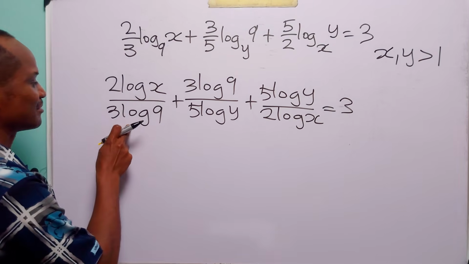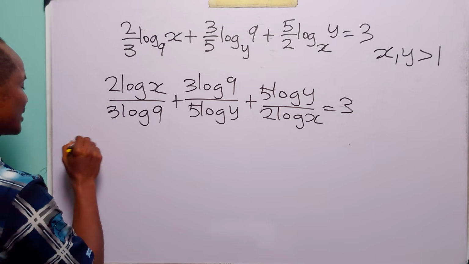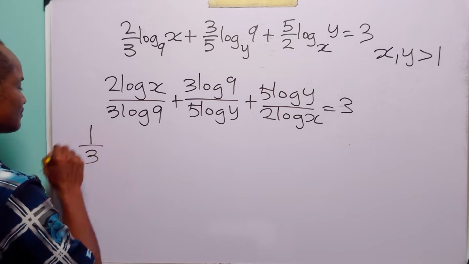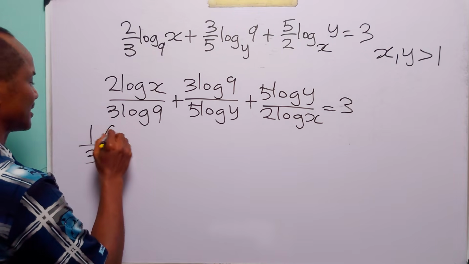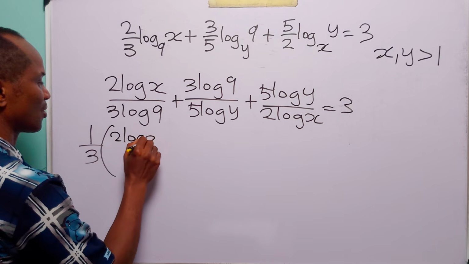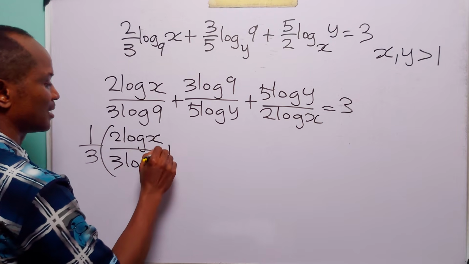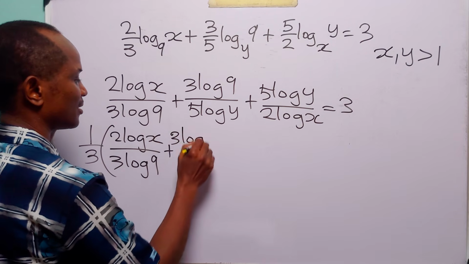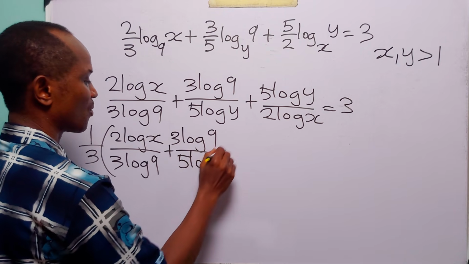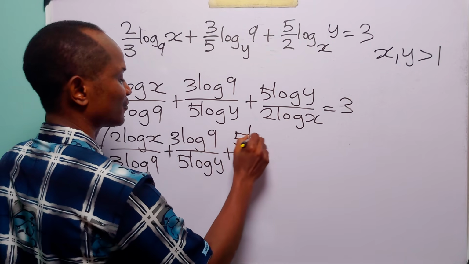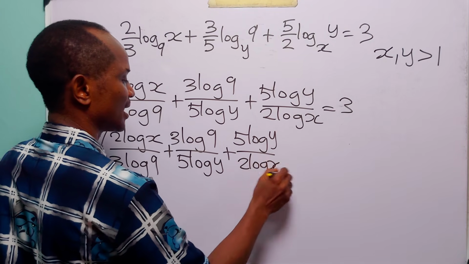So when we take the arithmetic mean of these three numbers, we have 1 over 3 into the sum of these three numbers. That is 2 log x over 3 log 9 plus 3 log 9 over 5 log y plus 5 log y over 2 log x.